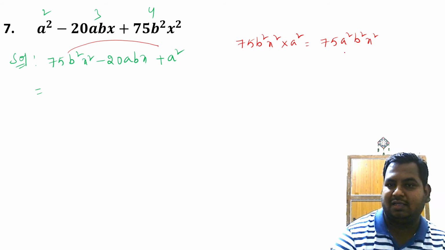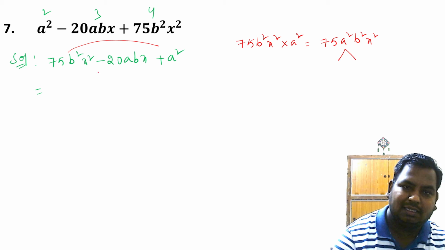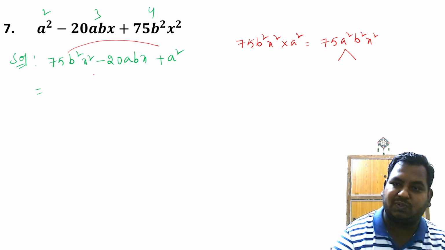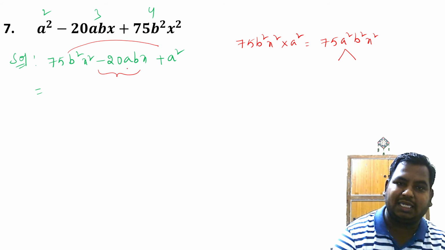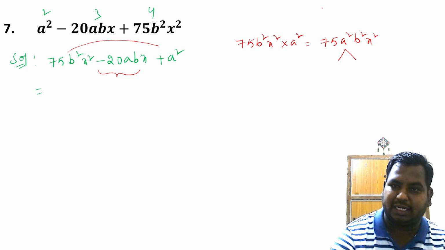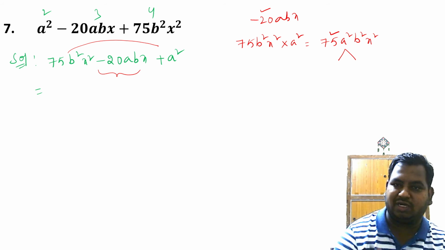We have to split this into two terms such that the product is 75 a square b square x square and their sum is minus 20 abx. For a moment, we'll consider only 75 and 20.